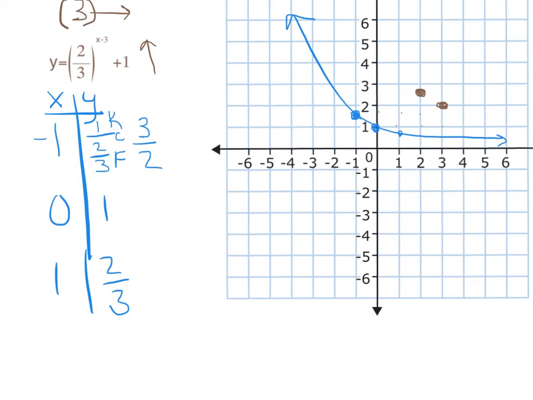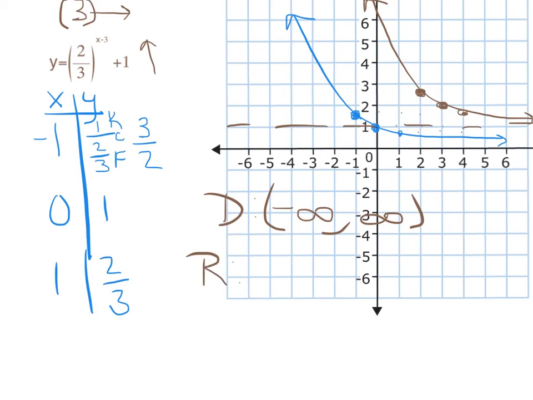And then the third point gets right 3, 1, 2, 3, and up 1. So there is my transformed equation, my domain, -infinity to positive, my range from the k value to infinity, my asymptote is at y equals 1. The whole graph shifted upward 1.